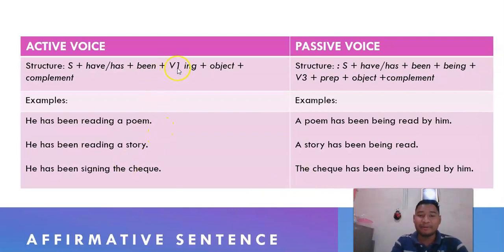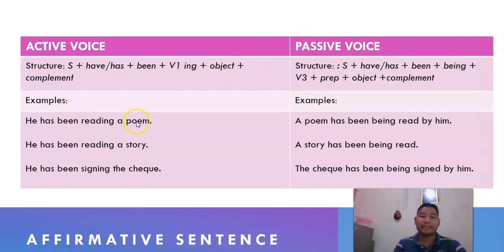In this case, verb plus -ing. The active structure is subject plus have or has plus been plus verb-ing plus object plus complement. In the passive voice, the structure is subject plus have or has plus been plus being plus verb past participle plus preposition plus object plus complement.